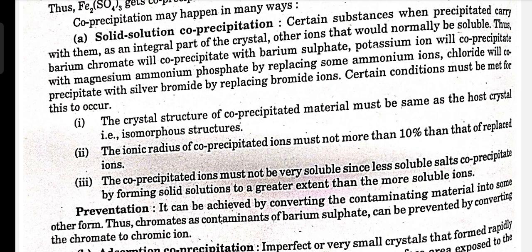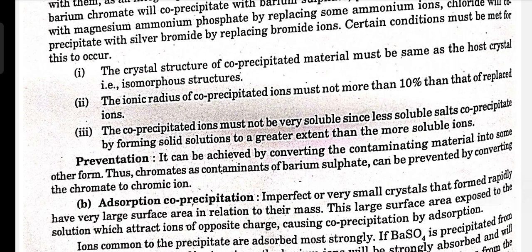Certain conditions must be met. Number 1, the crystal structure of the co-precipitated material must be the same as the host crystal. Number 2, the ionic radius of the co-precipitated ion must not differ by more than 10% from that of the replaced ion. Number 3, the co-precipitated ion must not be very soluble, since a less soluble salt co-precipitates by forming a solid solution to a greater extent than the more soluble ions.